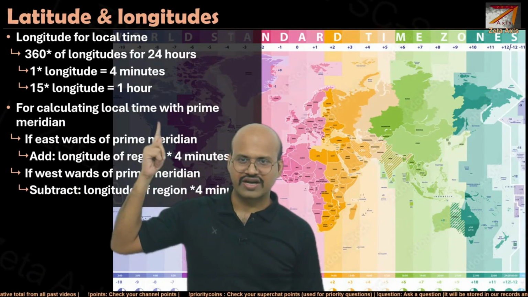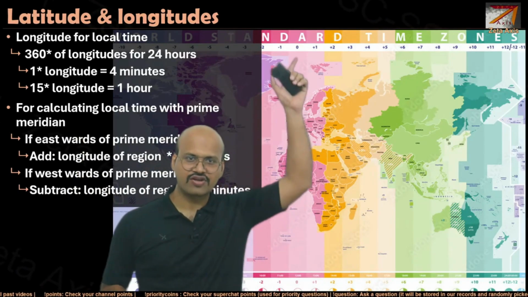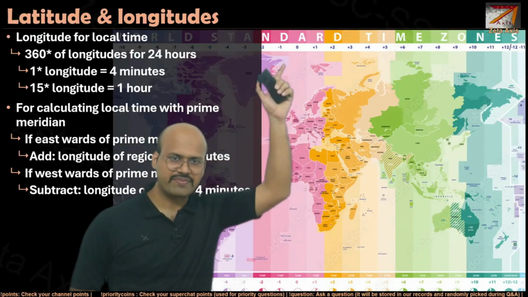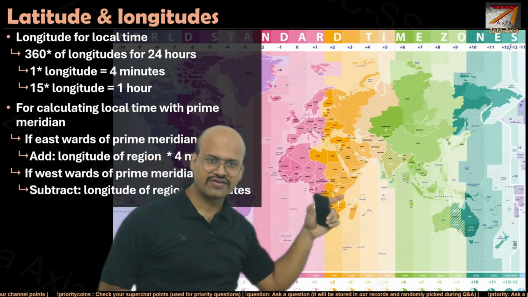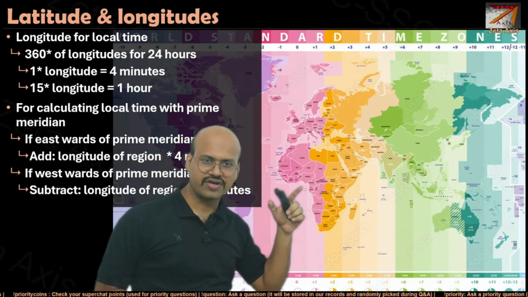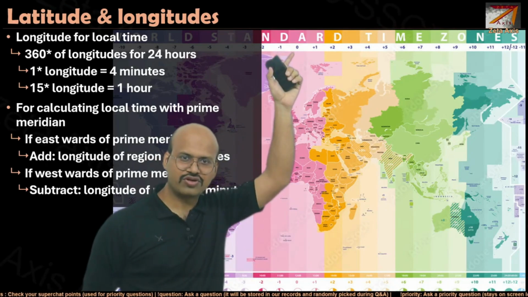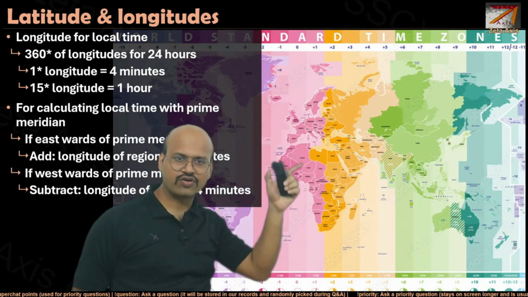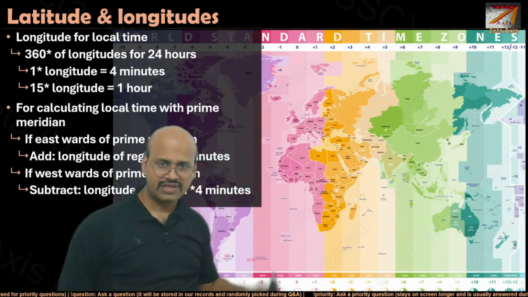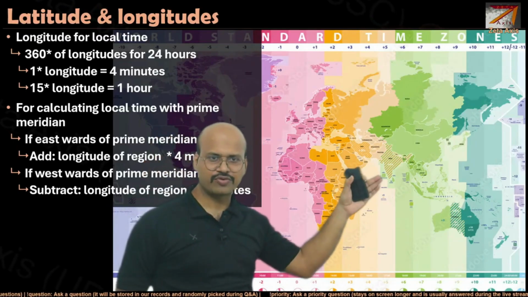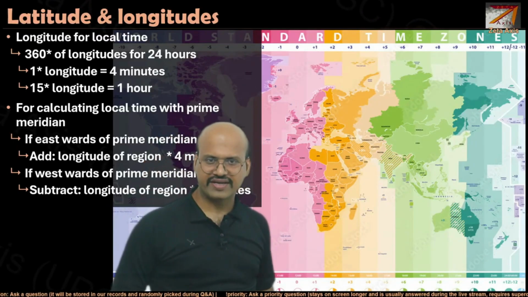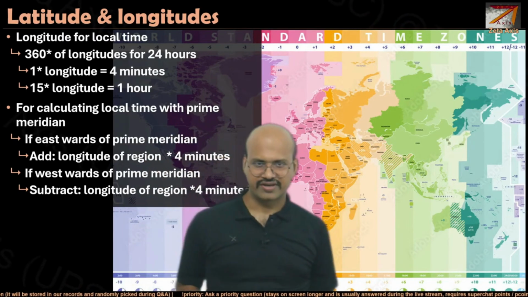For calculating local time with the prime meridian, you can see this is our prime meridian and here is our equator somewhere. They meet over here in the Gulf of Guinea. Now going back to this 0 degree, we can see that it is right over London. Suppose you are located in India, and you want to find the time compared to the 0 degree.